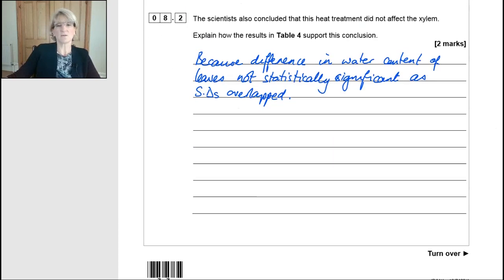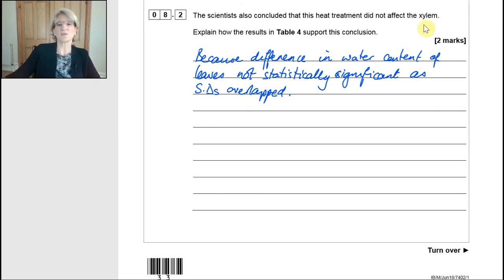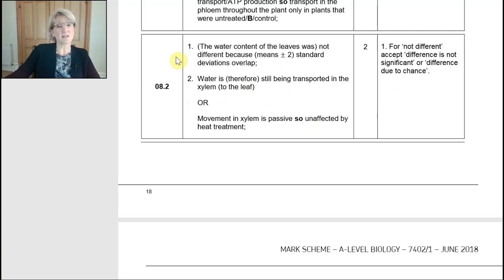Okay, scientists also concluded this heat treatment did not affect the xylem. Right, explain how the results in the table support this conclusion. Now again, the difference in water content is not statistically significant as the standard deviations overlapped. Now, already I'm realizing I have not talked about the biology here. So that's interesting. I get the first mark.